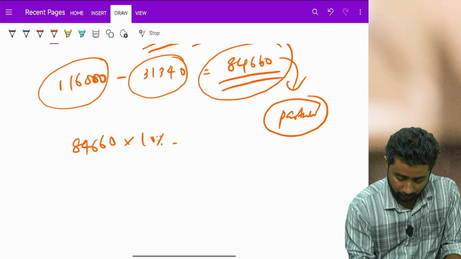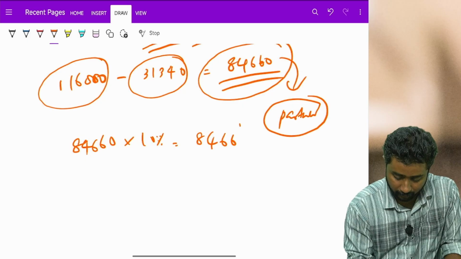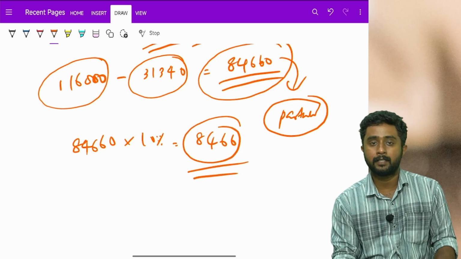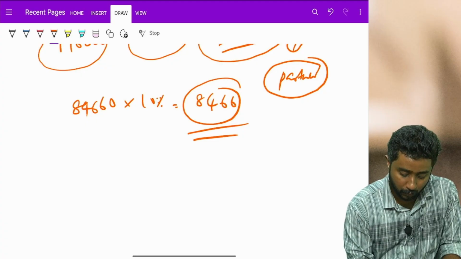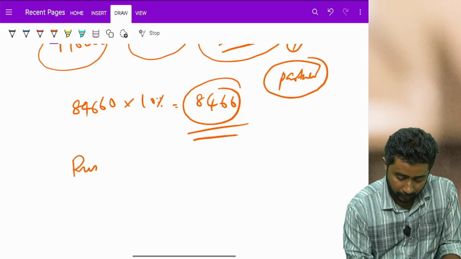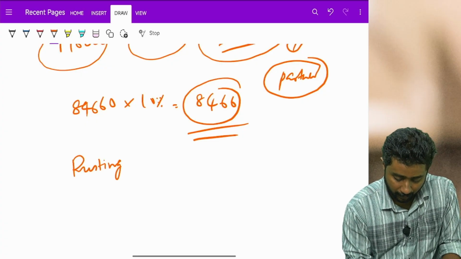10%. How much will come? 8,466. So 8,466 also we have to pay. The previous 2,160 also we have to pay. To whom? To the person called Resting. As what? As remuneration.